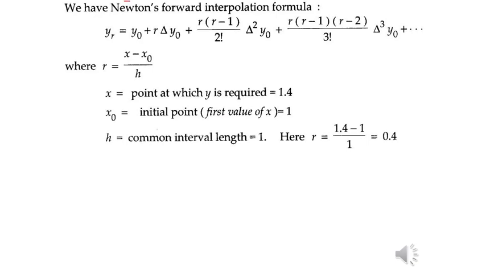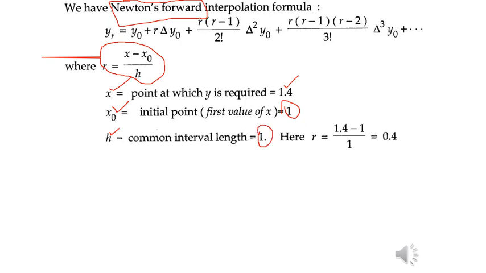Since we are using Newton's forward interpolation formula, this is the formula for r we need to use, and the value of x where we require y is 1.4, given in the question. X naught, the beginning value of x, is 1 from the table, and h, the width between any two consecutive values of x, is 1.